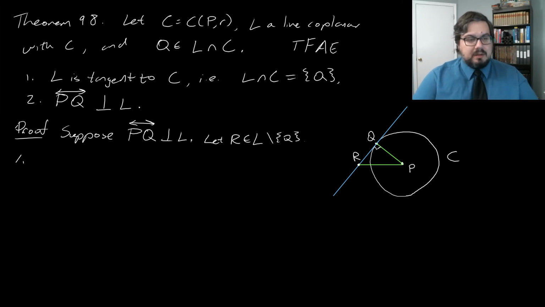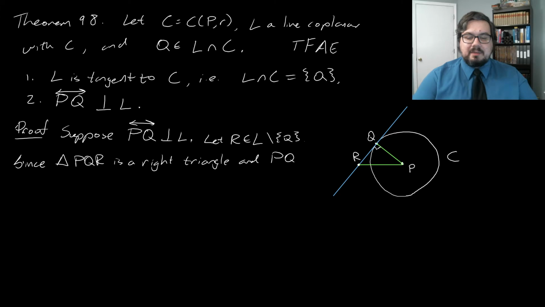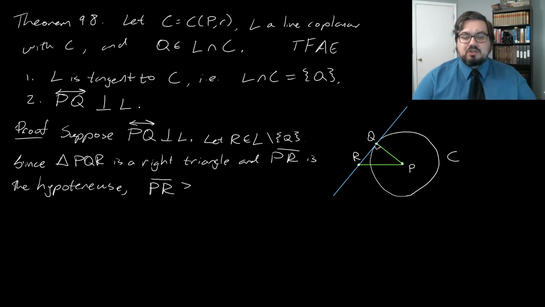Now, since triangle PQR is a right triangle, and the segment PR is the hypotenuse, that means that the segment PR is greater than the segment PQ.